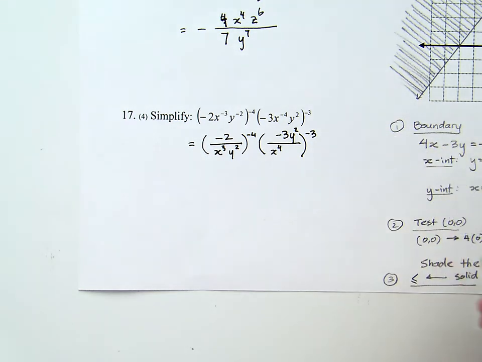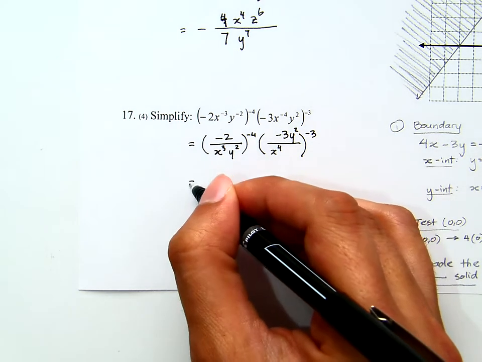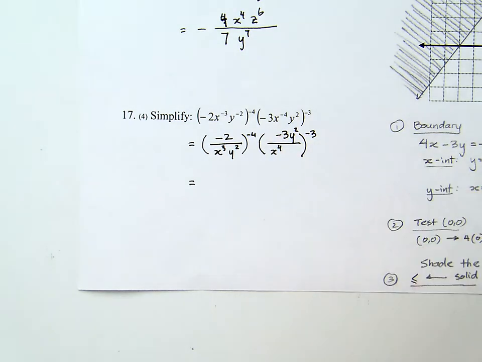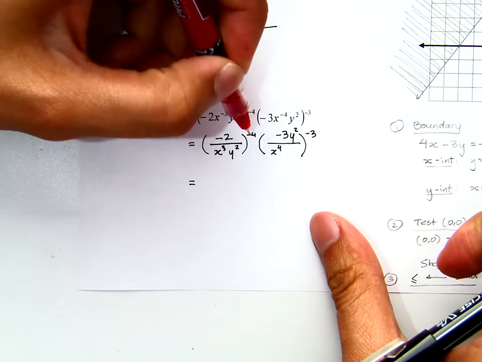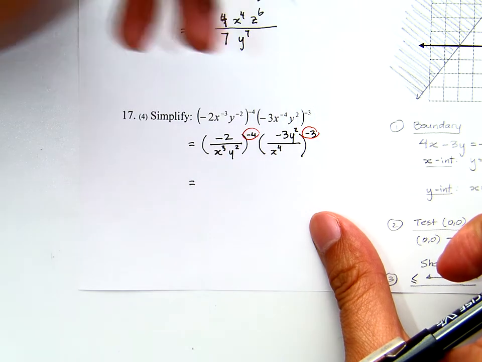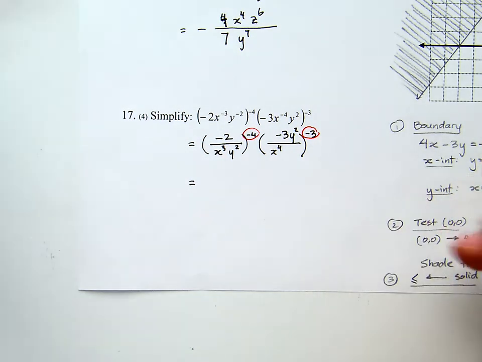So you see that so far I'm dealing with the expression inside the grouping symbol only. Now what I will do next, I will make the exponent negative 4 and exponent negative 3 become positive exponents. Now how to do that?